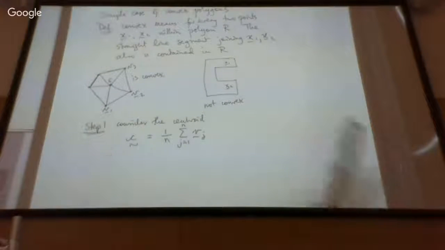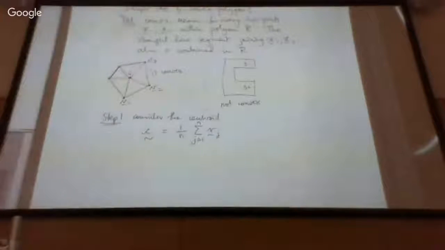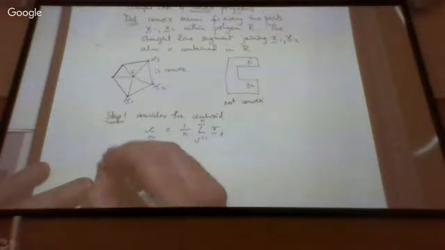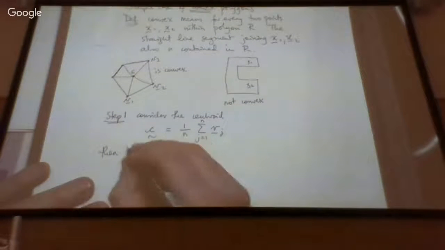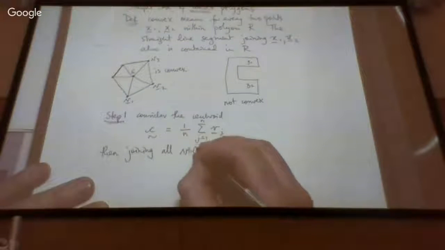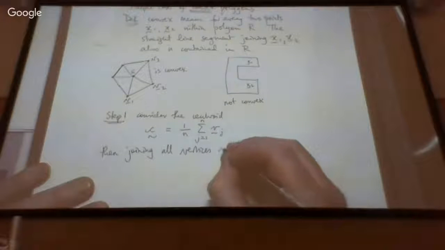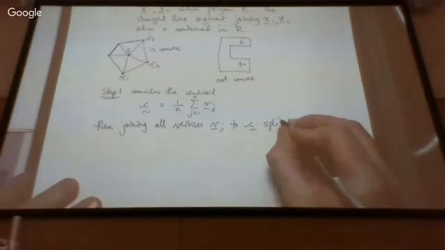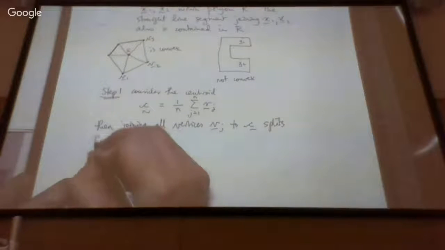So this method is only applicable to convex polygons. Then joining all vertices Vj to the centroid C splits R into triangles.